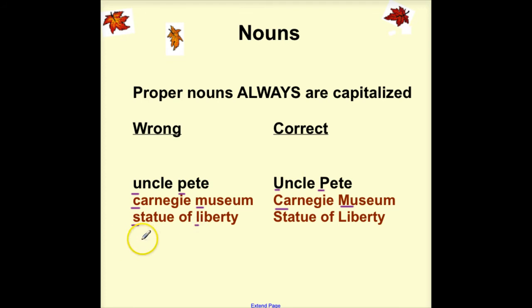It's the exact name of a famous historical landmark. Need to capitalize Statue and Liberty, kind of like a title. The of does not need to be capitalized because it's a phrase, and unimportant words, unless they're the first or the last, don't need to be capitalized. But Statue of Liberty, capital S, capital L for that proper noun.